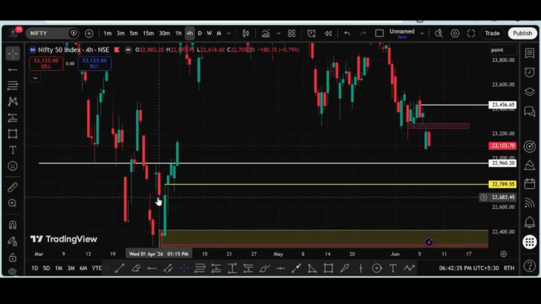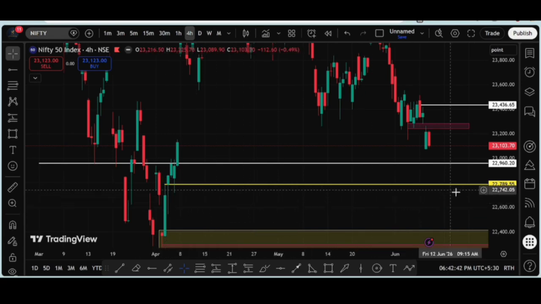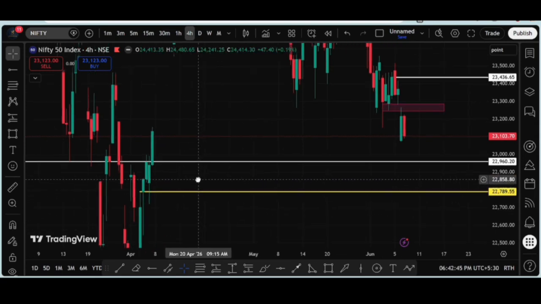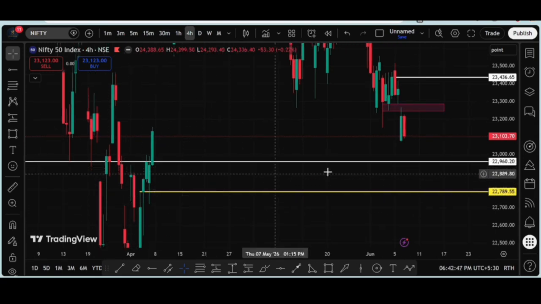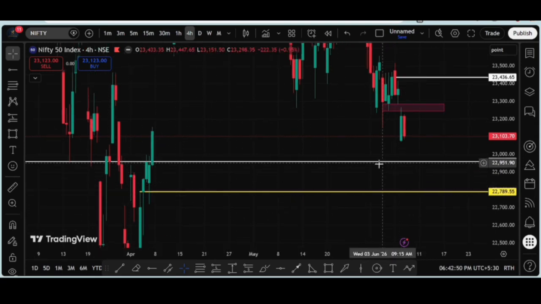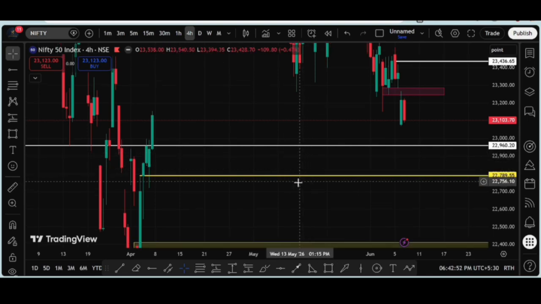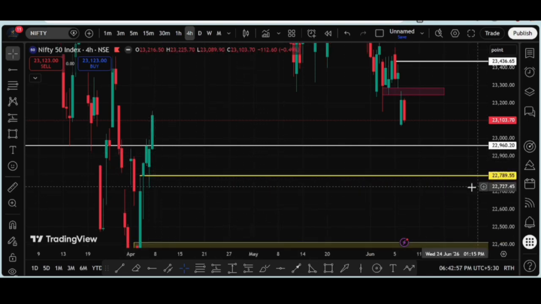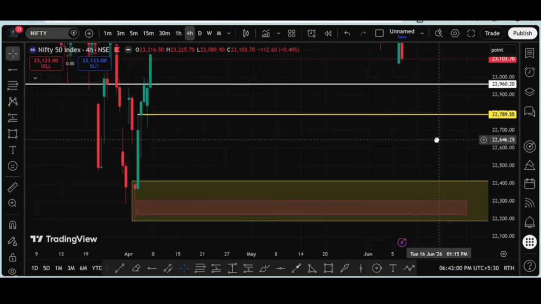It can touch this low also here, 22,700, but I'll take this high as the target. So once the market can't hold this 22,960 weekly target, it will reach the 4 hour time frame volume imbalance, 22,790.